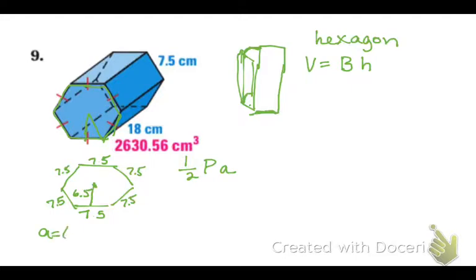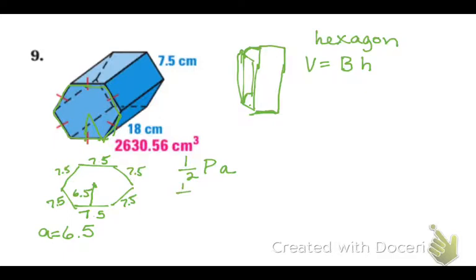So the apothem is equal to 6.5. And I would do the same for you on the test. Or I would give you the hypotenuse of this little triangle or this leg of the triangle, and then you'd have to use the Pythagorean theorem to figure out the apothem. But in this case, I'm just going to give you the apothem.